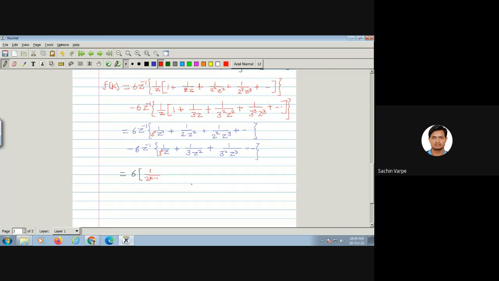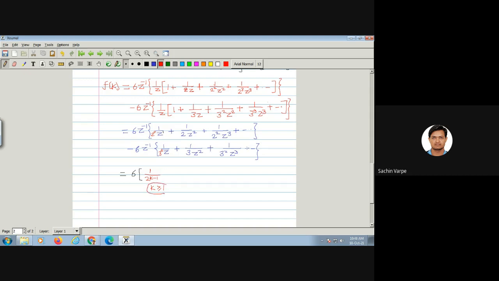Is it k minus 1? But for that, k must vary from 1 to infinity, right? Because when I substitute k equal to 1 there, I should get 2 raised to 0. Am I getting? Yes. Because 1 minus 1 would be 0. Now for k equal to 2, am I getting 1 by 2? Yes. Okay, so each coefficient I'm getting here by varying this k.